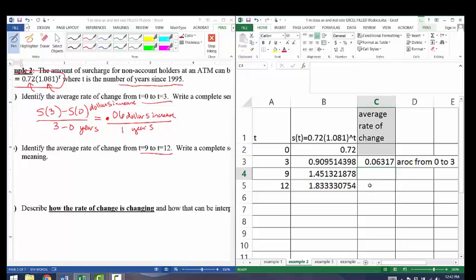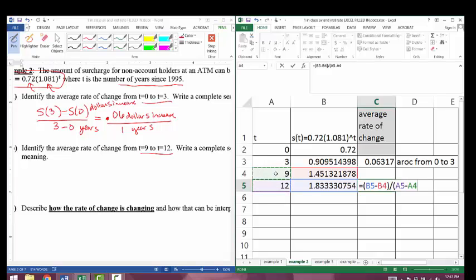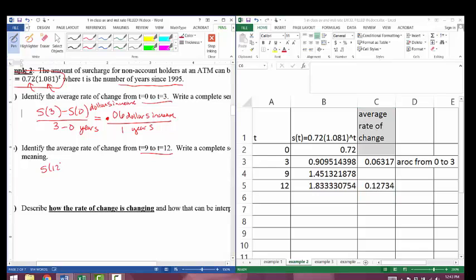Again, I'm going to put my cursor down here at the row where that interval ends at x equals 12 and do the calculation. So y2 minus y1 in parentheses divided by x2 minus x1 in parentheses. And this time I get about 0.13. So s of 12 minus s of 9 over 12 minus 9 came out to about 0.13. So that's dollars of increase over years.